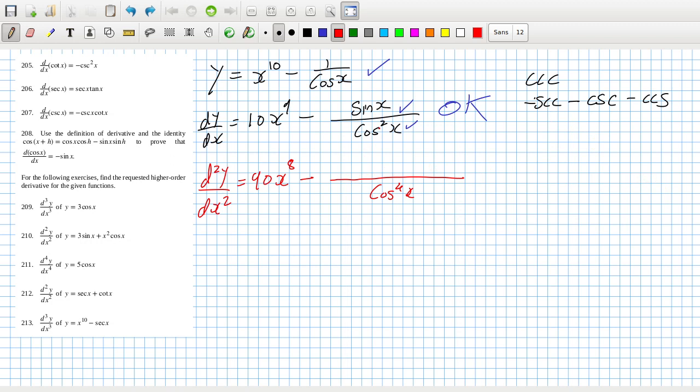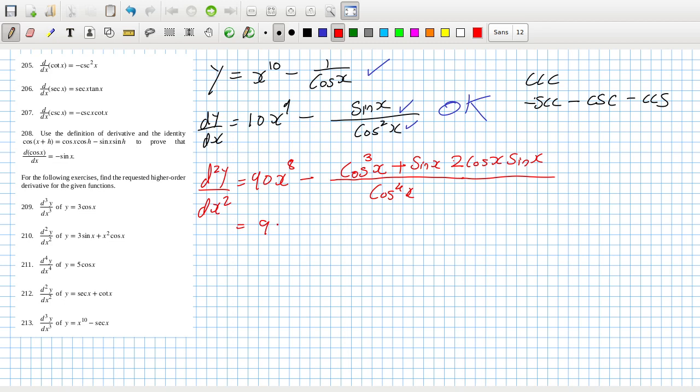The bottom squared. The bottom times the root of the top. So that's a cubed. Minus the top, which is sine x, times the derivative of the bottom, which is 2 cos x sine x, with a minus.